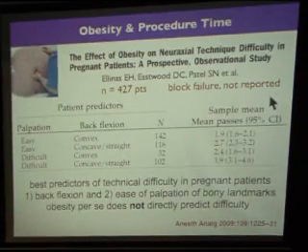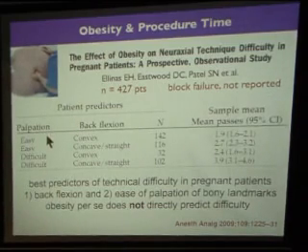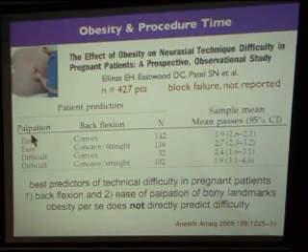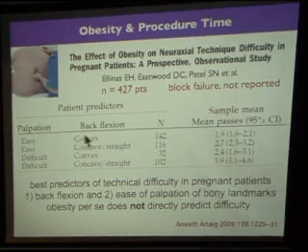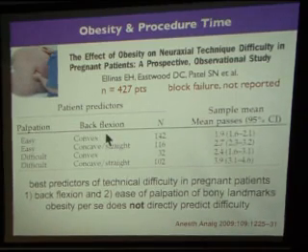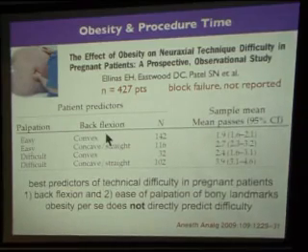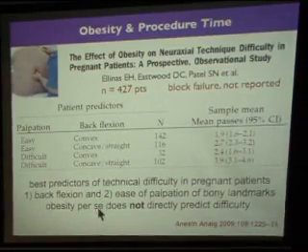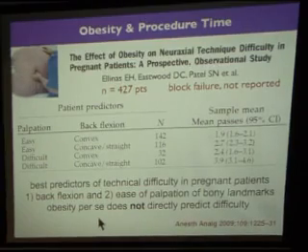And they look at two important factors. One is how easy it is to palpate the spinous process, and secondly, how much the patient can bend the back in flexion. And what they conclude is obesity per se does not directly predict difficulty.